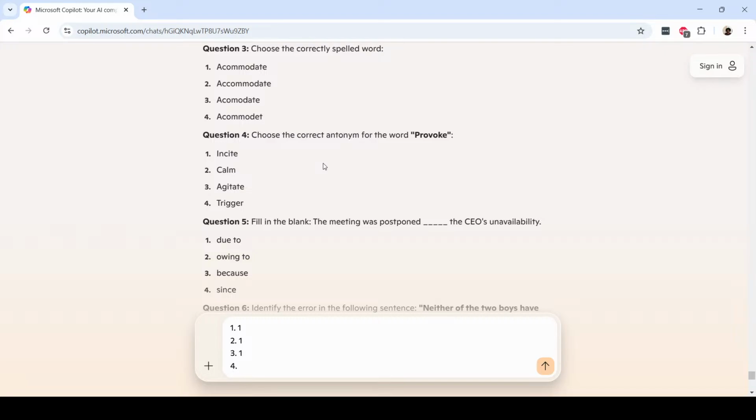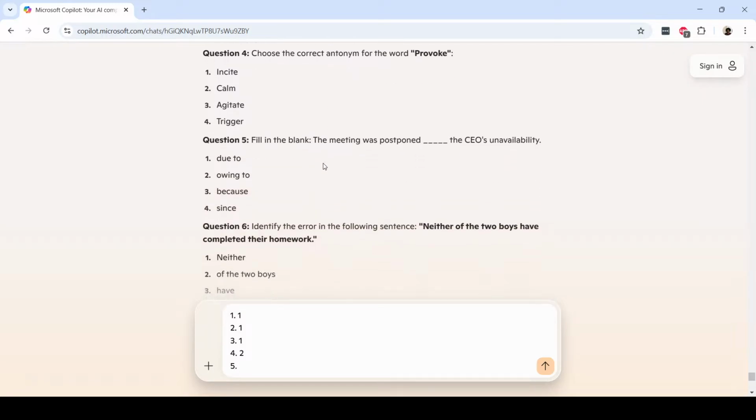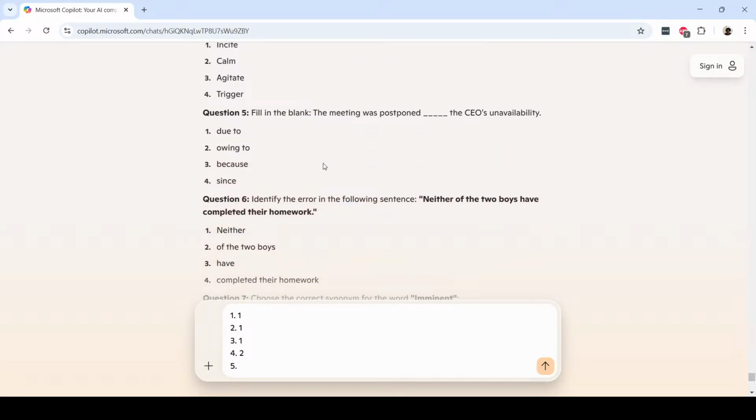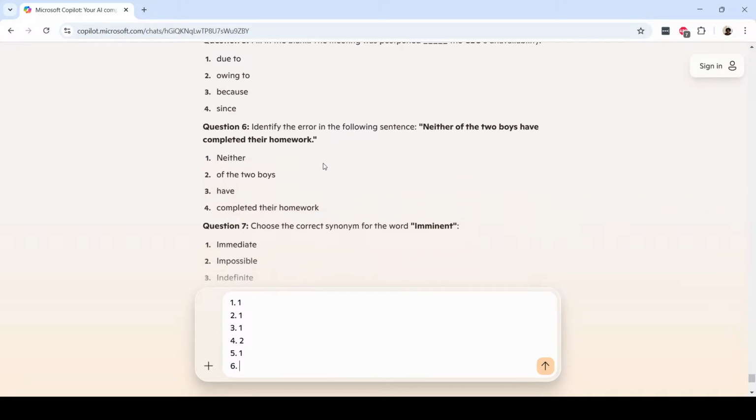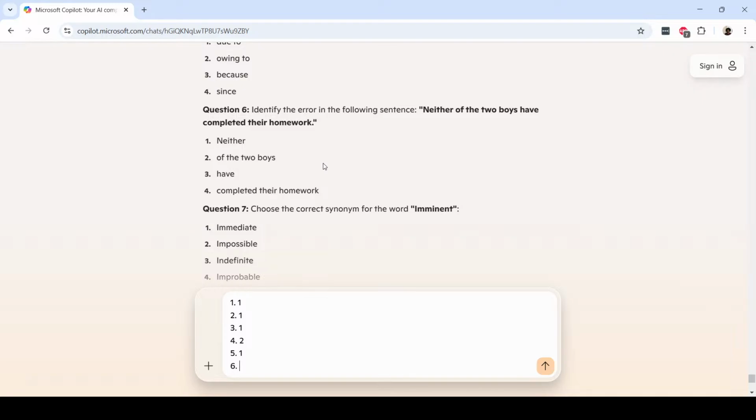So calm. Provoke is like you are just poking something. The meeting was postponed due to, we are just showing the reason or influence by which it is postponed.